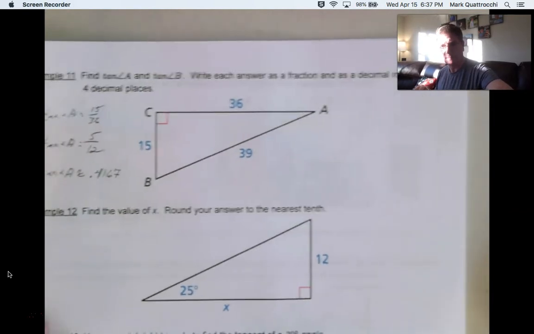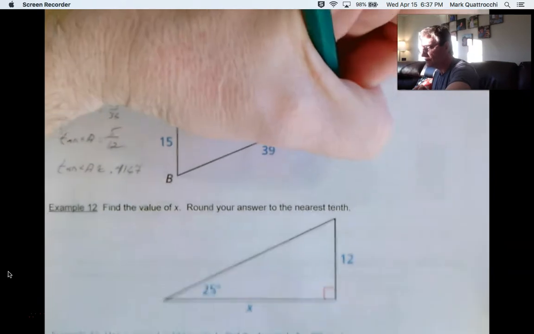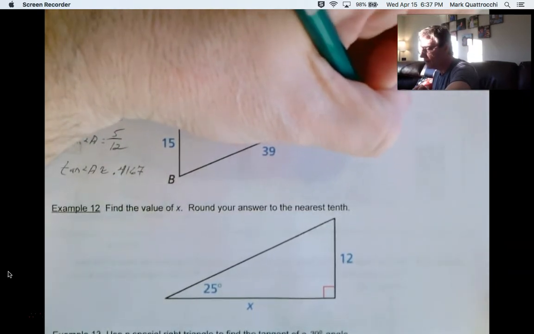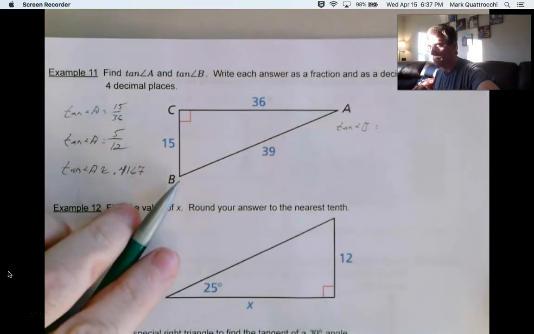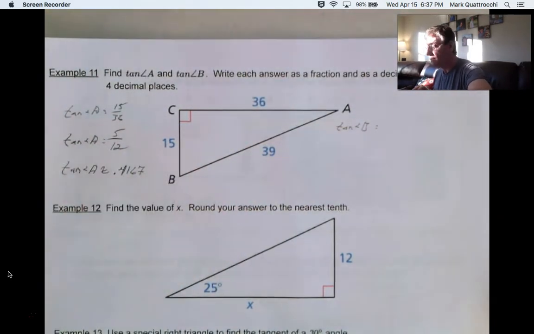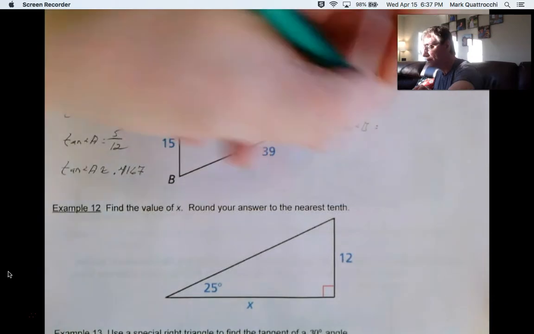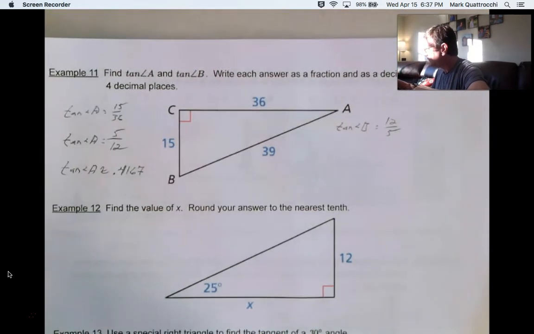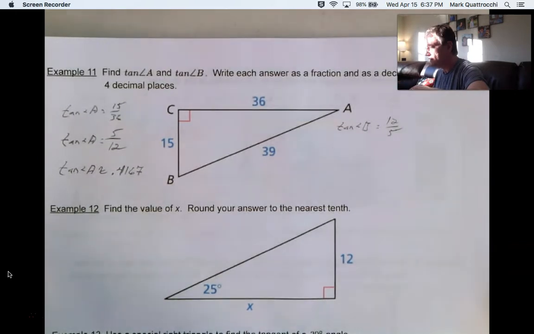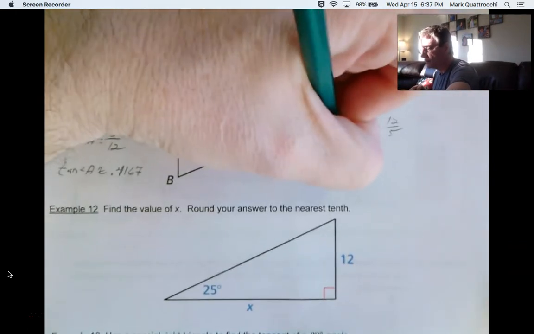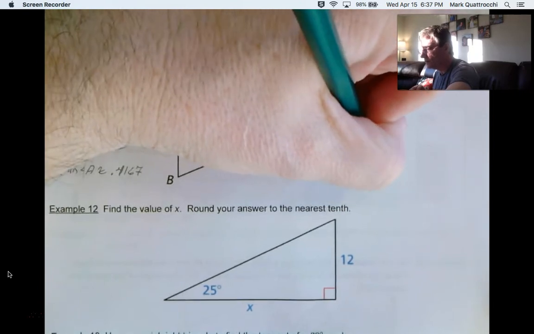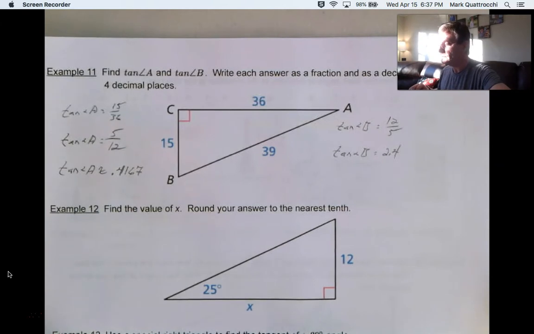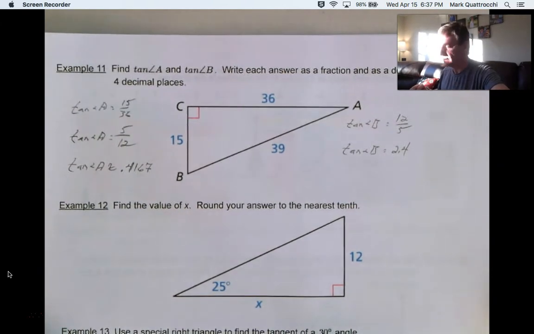B, tangent angle B equals, now I'm here, 36 over 15, and I'm going to jump right down to the reduced, 12 over 5. 12 divided by 5 is a nice 2.4. Tangent angle B equals 2.4. Okay, so there's the answer to 11.